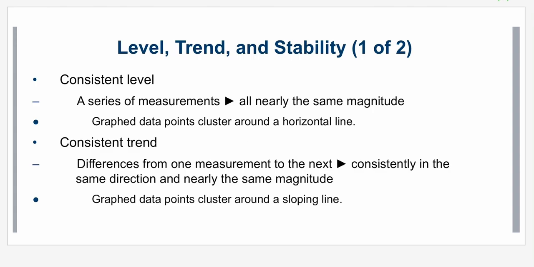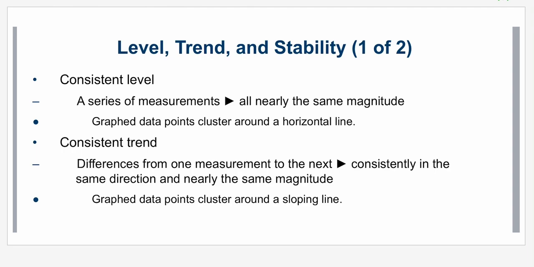One of those things is for the baseline phase, especially, but for phases in general, there needs to be a consistent level or a consistent trend before you can move on to the next phase. Again, so that you can have something reliable to compare it to.